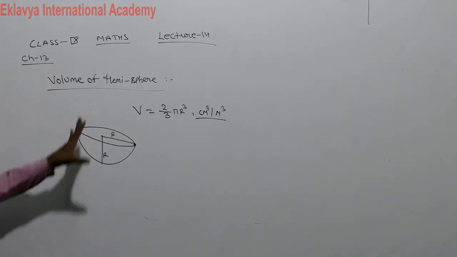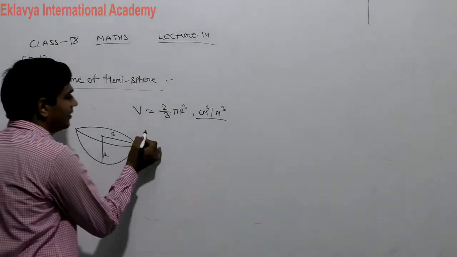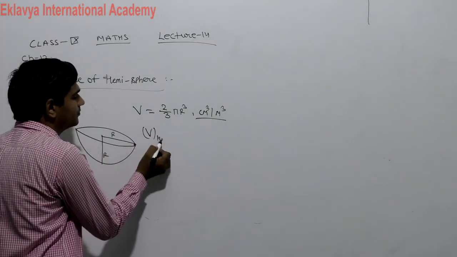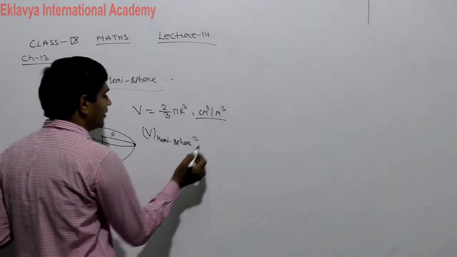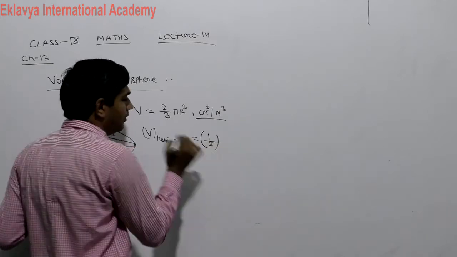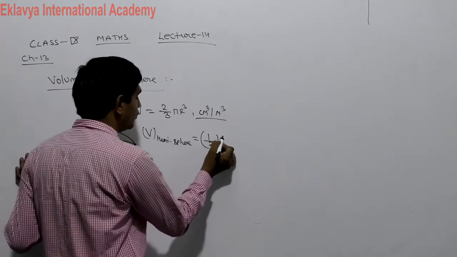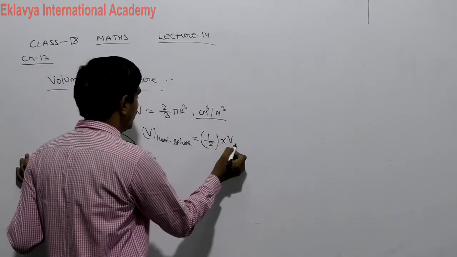Any problem? So volume of hemisphere is equal to 1/2 multiplied by the volume of the sphere.